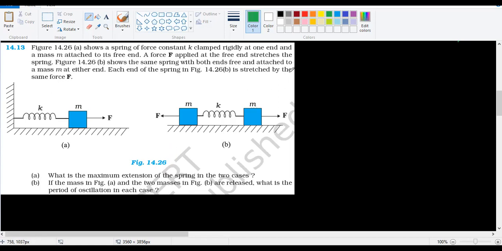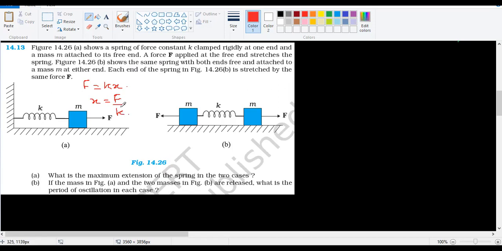I think in this first case, F is equal to Kx. So they're asking to find the maximum extension of the spring. So that means I want to find the x. X is the extension. So x is equal to F by K.